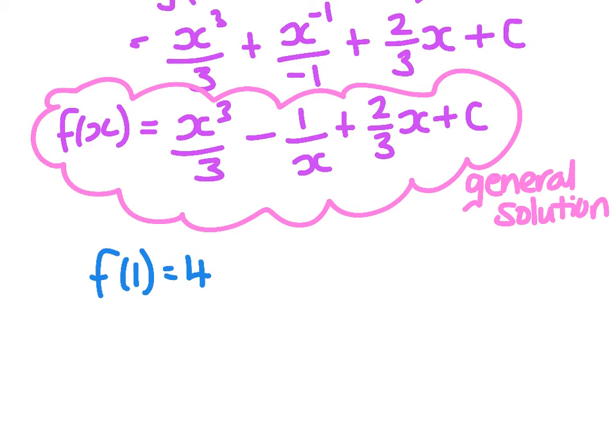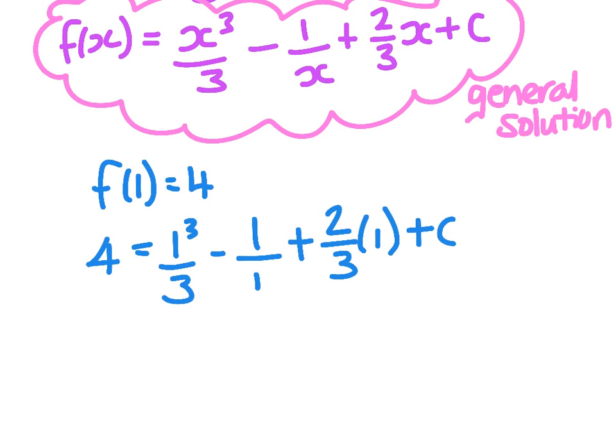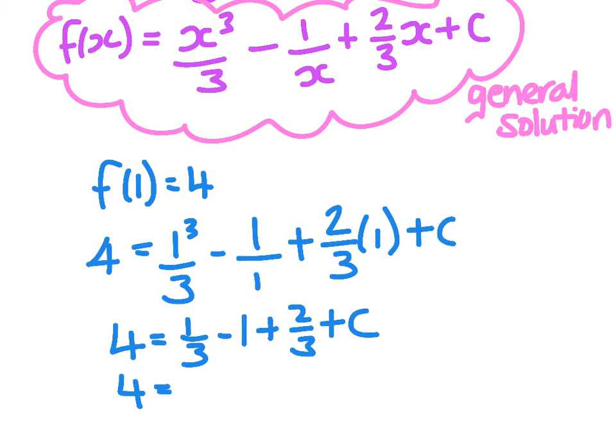So 4 equals 1 cubed over 3 minus 1 over 1 plus 2/3 of 1 plus c. So 4 is 1/3 minus 1 plus 2/3 plus c. So 4 is the same as c.